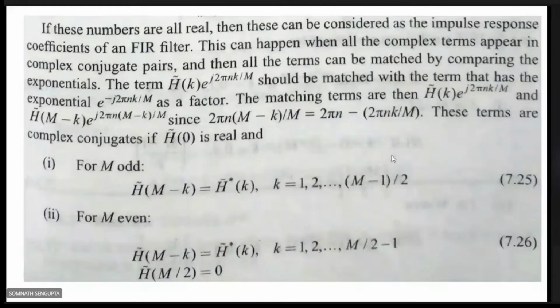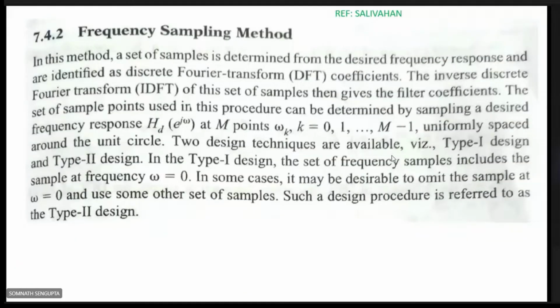Now coming back to the design, there are two types of design: type 1 design and type 2 design. In type 1 design, the set of frequency samples includes the sample at frequency omega equal to 0.